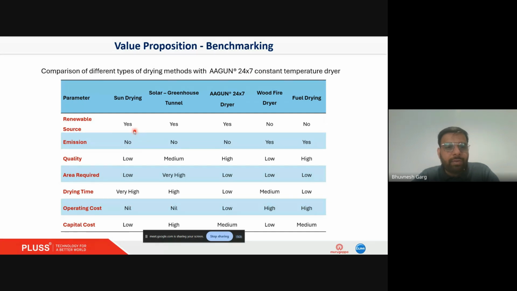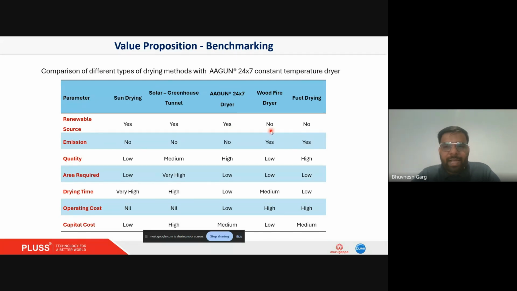You see, sun drying, obviously, is a renewable source. Greenhouse tunnel also, you have some radiations which are falling on your polycarbonate sheet based greenhouse tunnel dryer. It is also renewable source based, and argon is definitely a renewable source based solution.